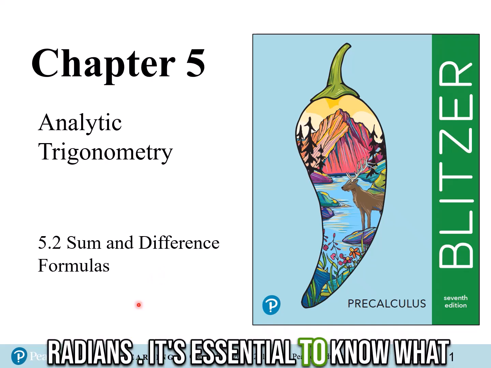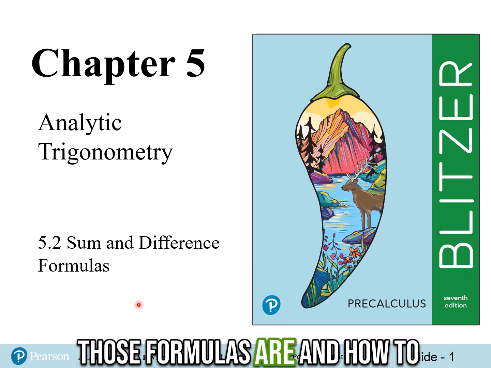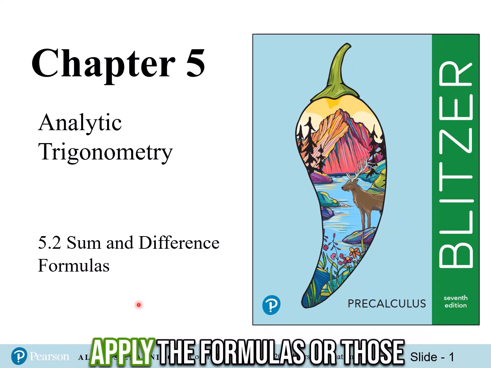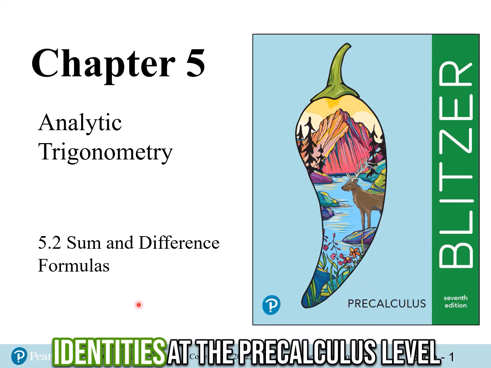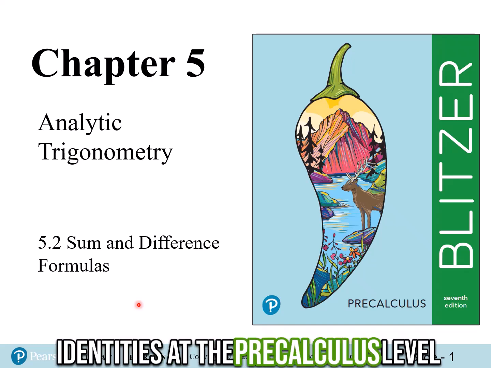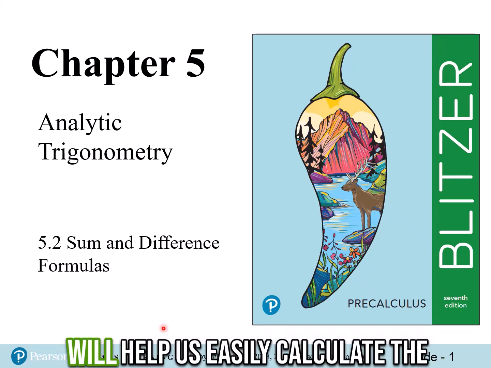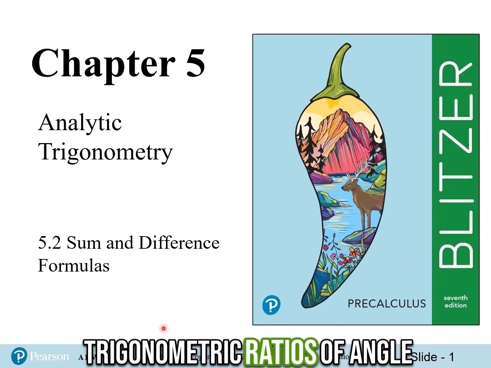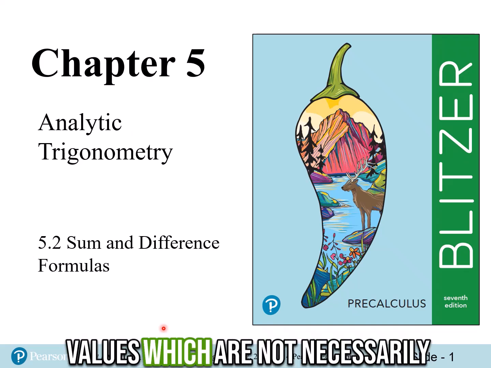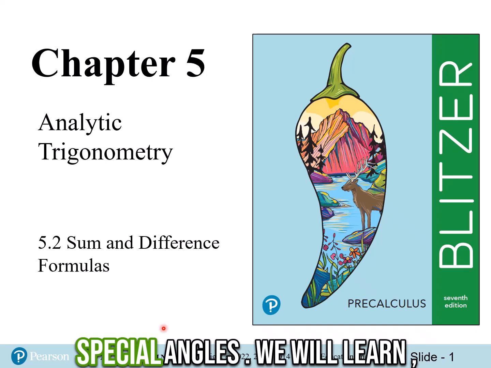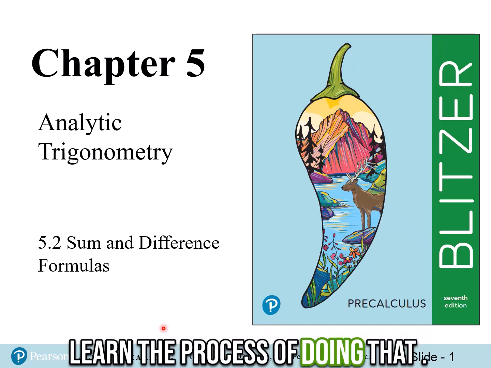It's essential to know what those formulas are and how to apply the formulas or those identities. At the pre-calculus level, these formulas will help us easily calculate the trigonometric ratios of angle values which are not necessarily special angles. We will learn the process of doing that.